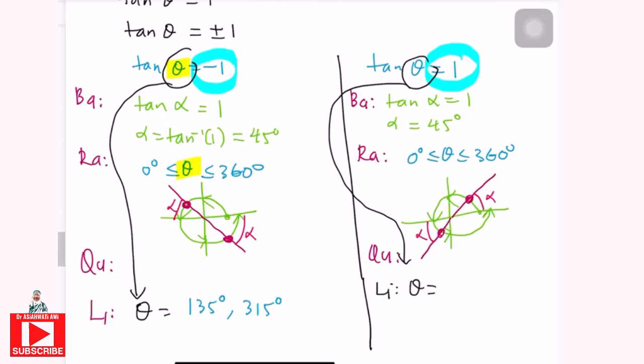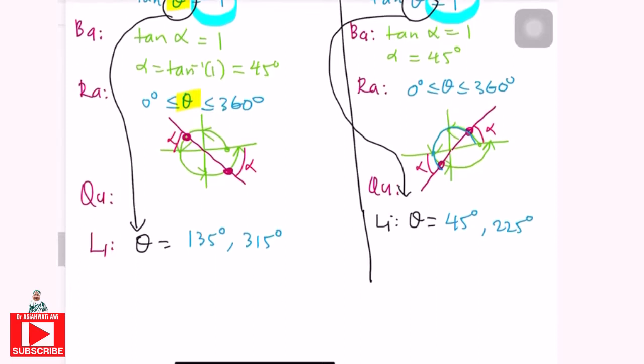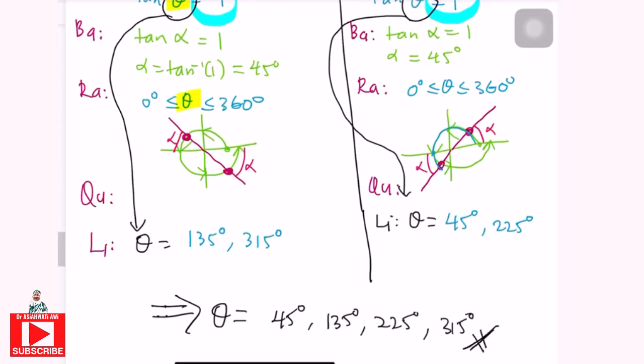Settle for this part. This one is alpha 45, then 180 plus 45 is 225 degrees. Therefore, alpha is equal to 45 degrees, and theta is 135, 225, and 315. This is the answer for 11B.